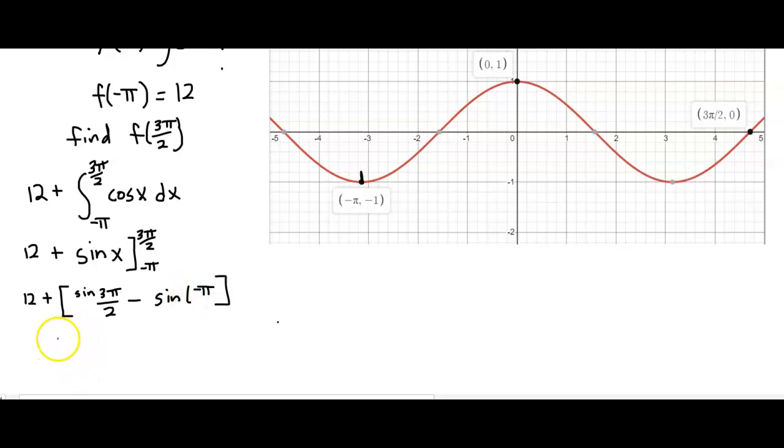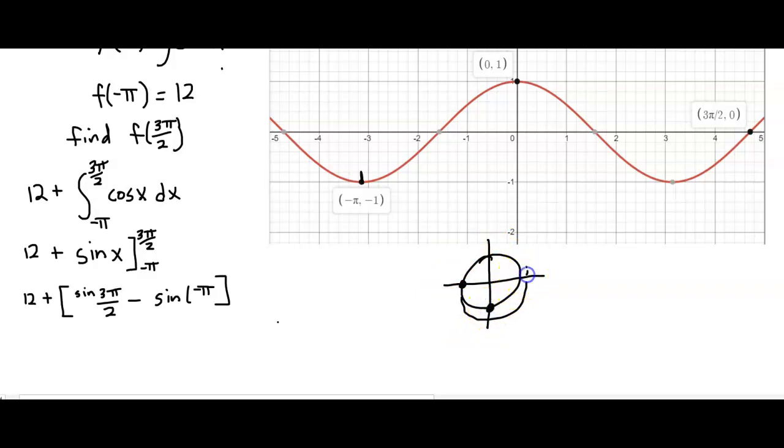If we just think of a quick unit circle, negative pi would be over here, right? That would be negative pi. And positive 3 pi over 2 would start here, and it would be right down here, right?